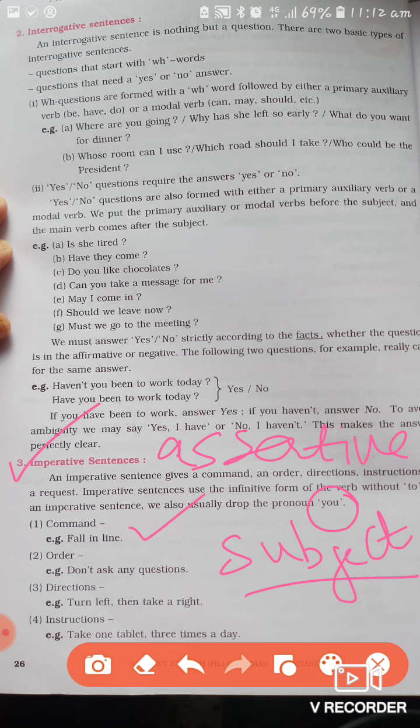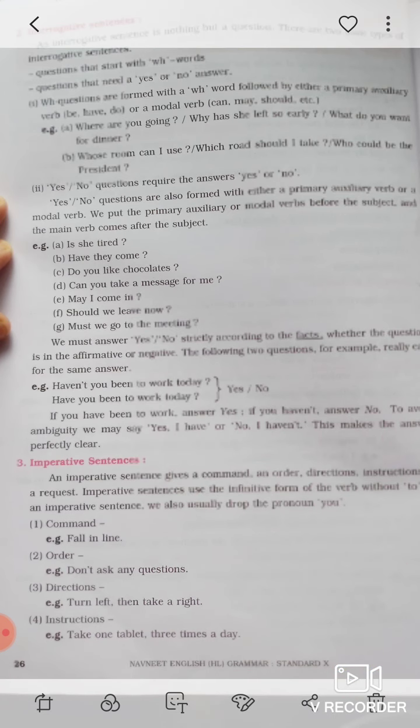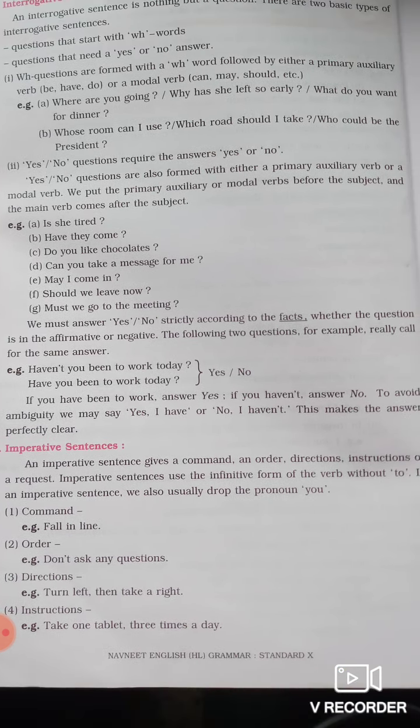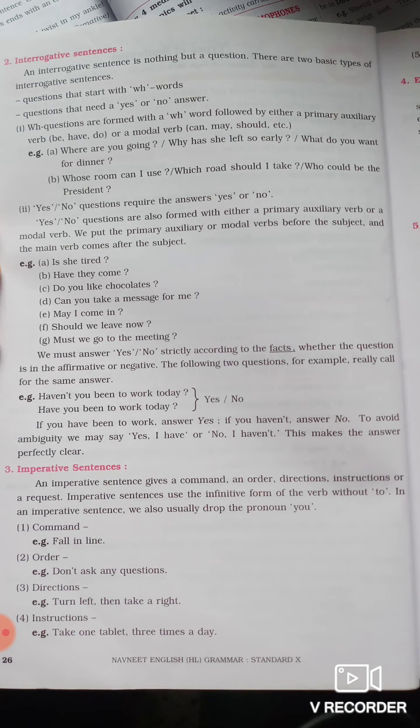So it will become assertive. As I told you, interchanging we are going to see in the next video lecture. First, let's get familiar with what is imperative, interrogative, exclamatory sentence.